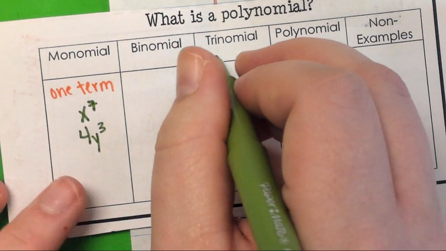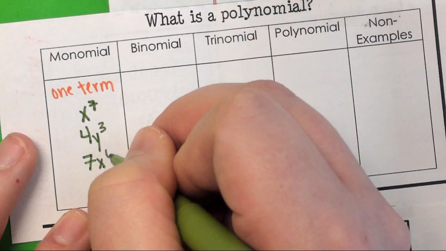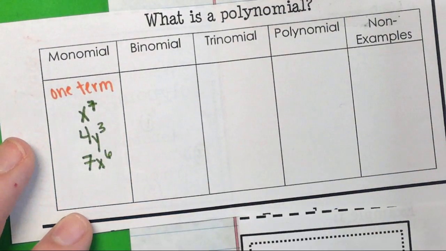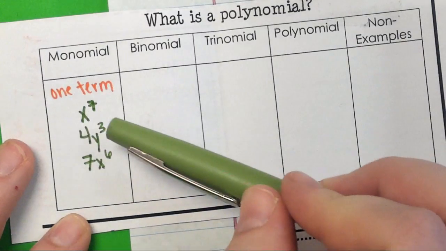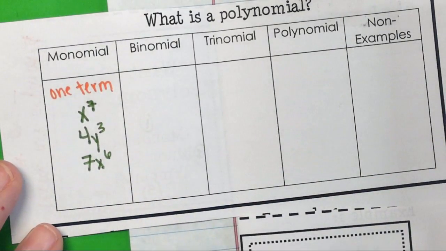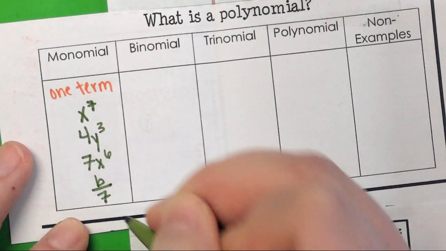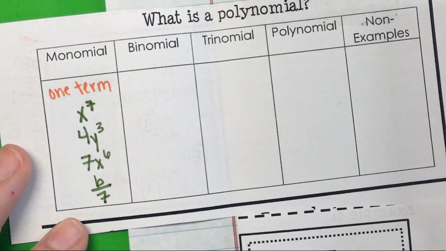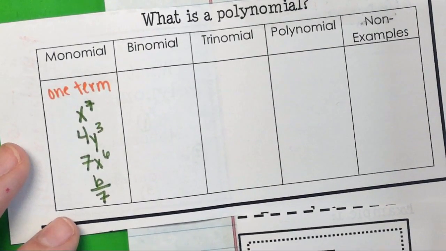That's one term. 7x to the 6th. That's one term. I don't see a plus or a minus, so it's one term, one term, one term. And then my last one, I'm going to do b divided by 7. Yes, even a fraction. If I don't see a plus or a minus, it's still one term.